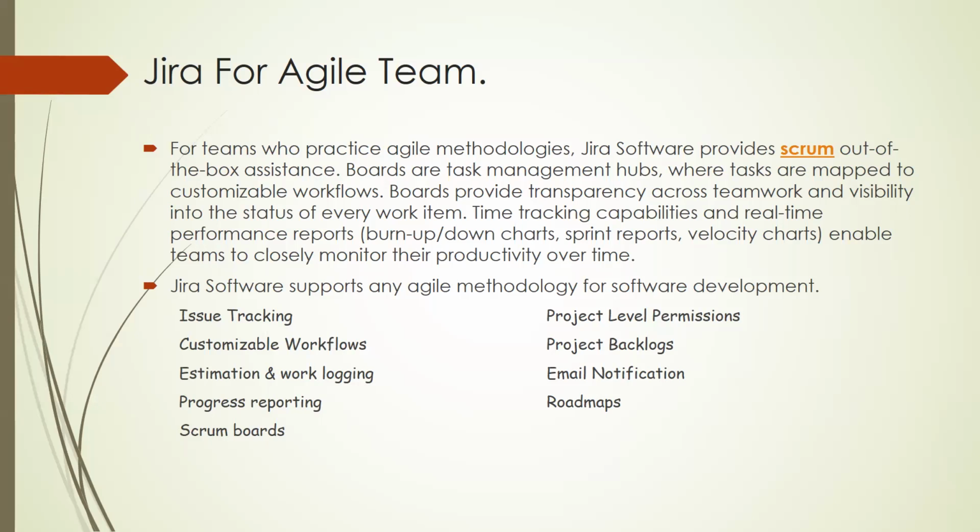Jira Software supports an agile methodology for software development, and those aspects are considered: issue tracking, customizable workflow, estimation and work logging, progress reporting, Scrum boards, project level permission, project backlog, email notification, and roadmaps. Let us see how it is happening.